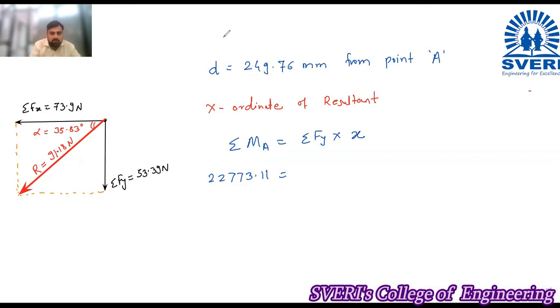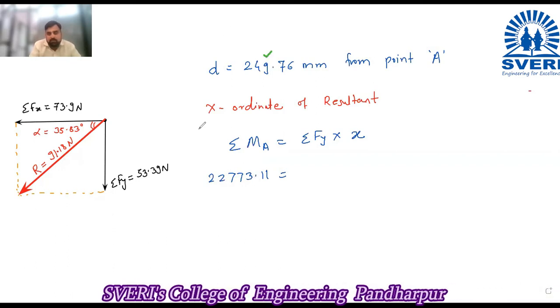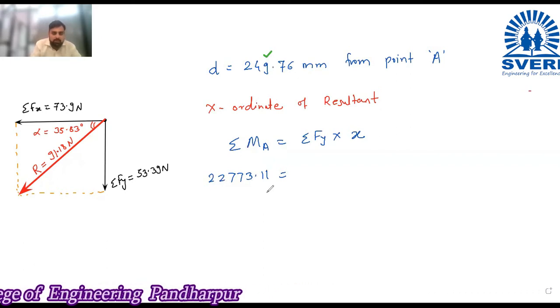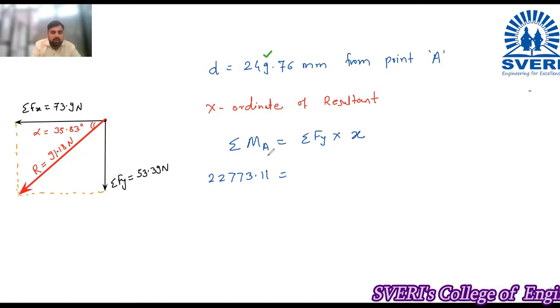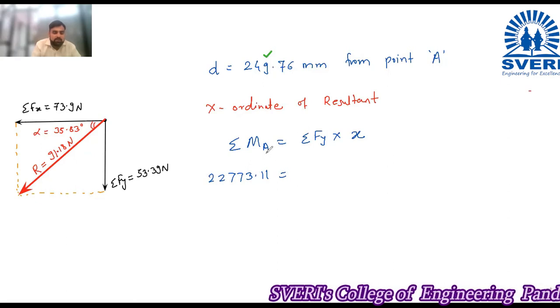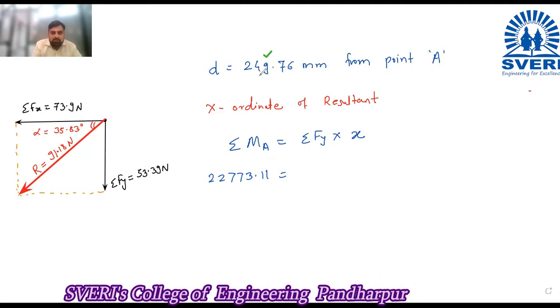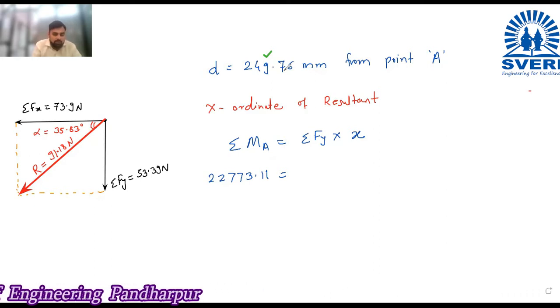If this distance, whatever you have told me, is correct, then this moment is also correct. Check once whether the distance is correct. This is the moment we have calculated. How did we calculate this moment? We took the moment of all the forces about point A. That equation was written in the last lecture, so you check that equation. Here you told me this value is 249, but when I solved, I got the answer 185. Now I don't know which answer is correct.